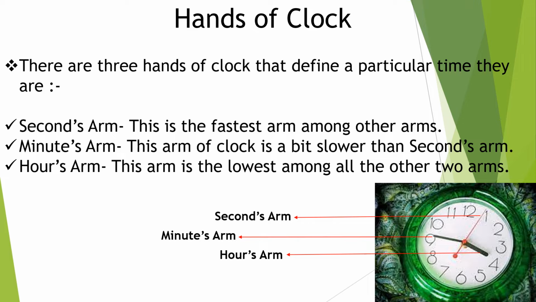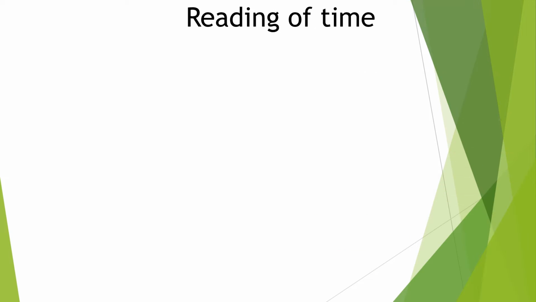This arm is the slowest among all other two arms. So here I told you how to identify the three arms of clock. Down in the picture there is an analog clock and three hands of clock are mentioned. So this was all about hands of clock. Let's move on to our next slide.